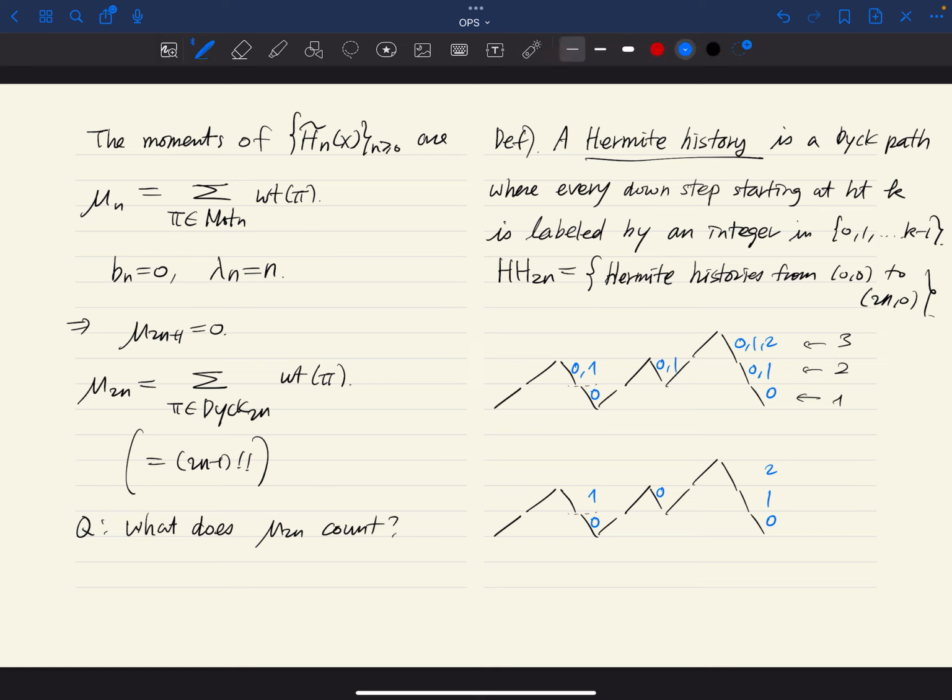Then, from the definition, it should be clear to you that this is the cardinality of the Hermite histories. Is this clear to you? If you understood all the definitions, then this should be clear.